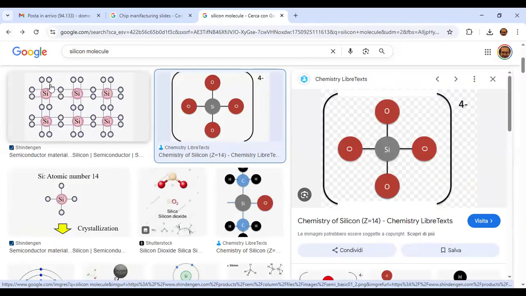But if we give energy to all this structure, then these electrons are free to move and the silicon starts to behave like any other metal, okay? That's why they are called semiconductors. And that's a very big property that these materials have.